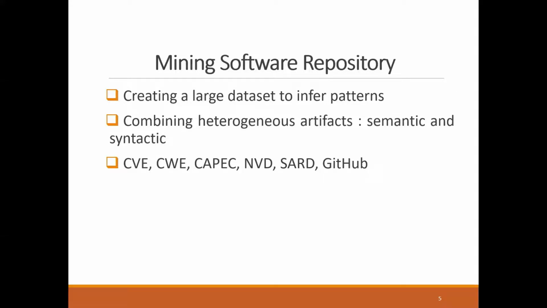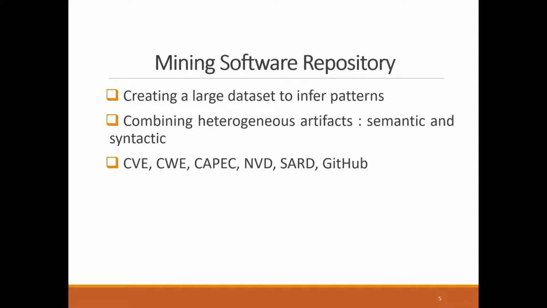There are some existing vulnerability data sets: CVE, CWE, CAPEC, NVD. We want to extract all the natural language and source code information from all those resources, as well as the SARD data set, which contains test cases corresponding to several CWEs.